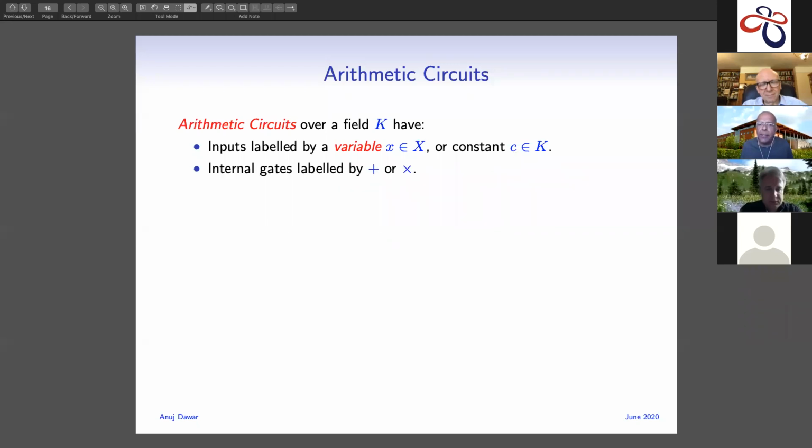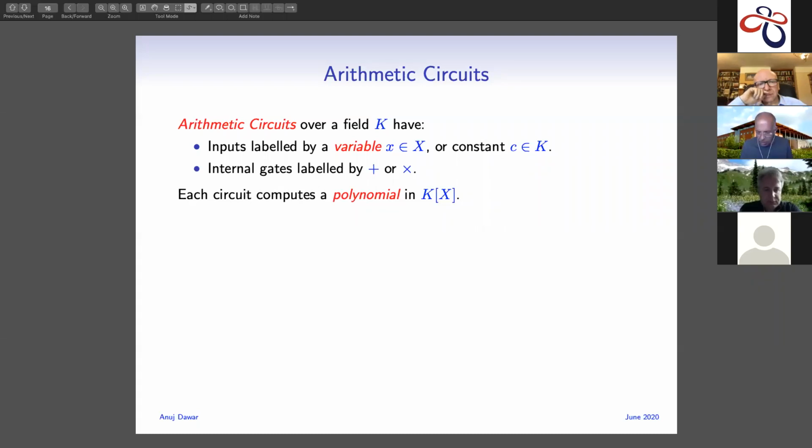And the gates are labeled by arithmetic operations, addition and multiplication, right? Now, if I give you such a finite circuit, it's a directed acyclic graph, the internal nodes being addition and multiplication, the inputs being variables or constants, and you have a single output. The output defines a polynomial in the ring over this field with variables from X.